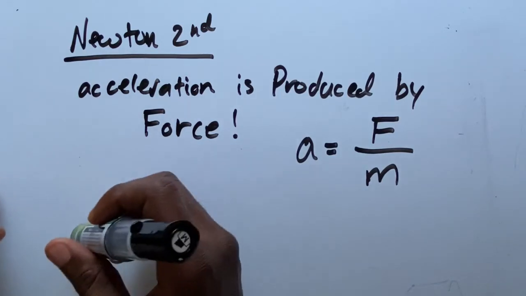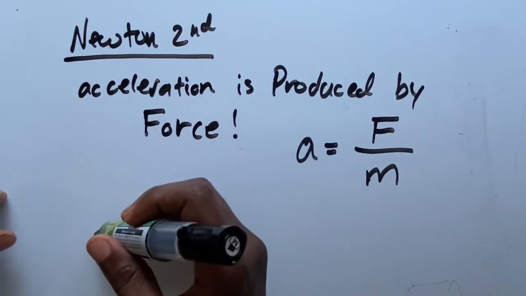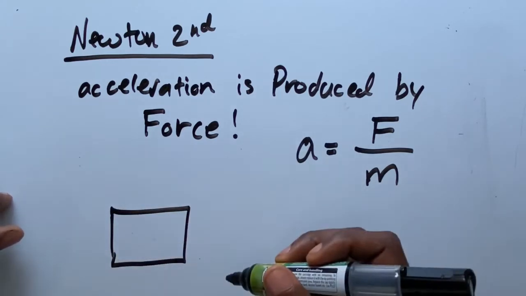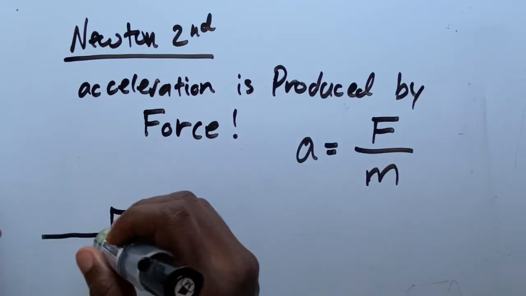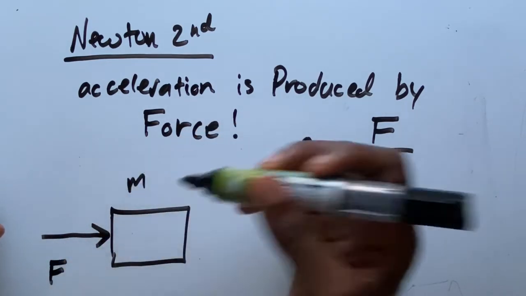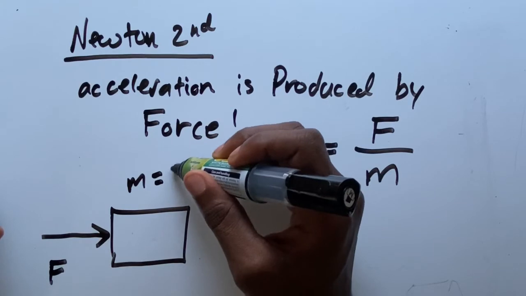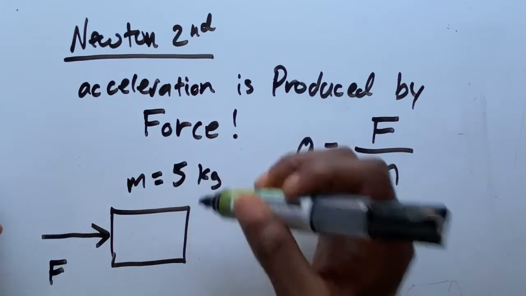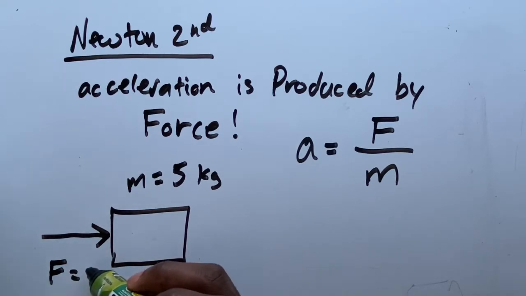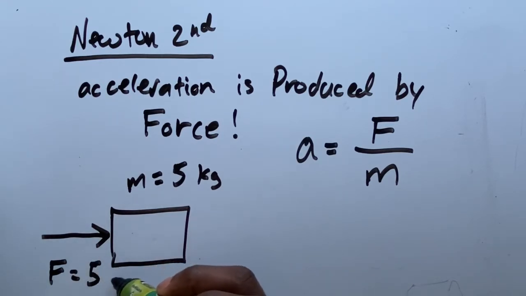So let's say we have a block here, right? And we push on it this way with some force F, and this block has some mass M. Let's say the mass is 5 kilograms. Let's say you push on it with a force of 5 newtons. Remember, we measure force in units of newtons.